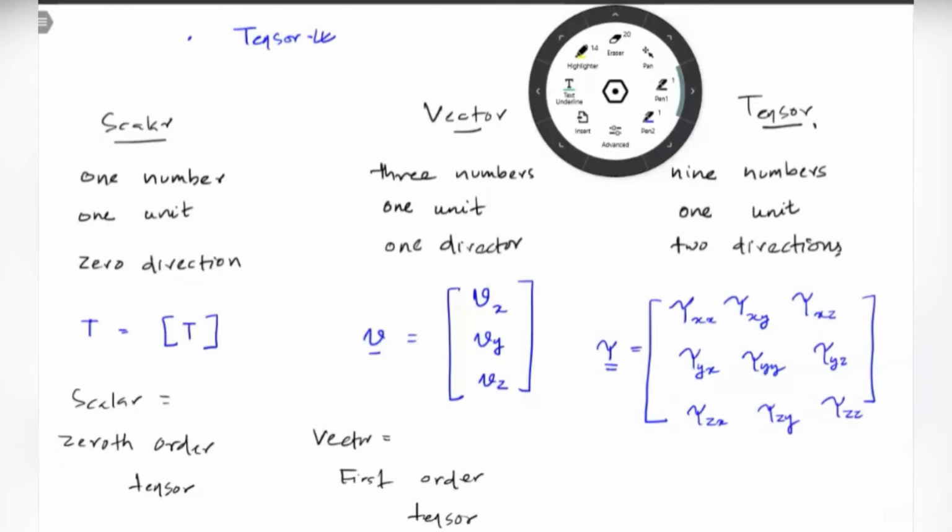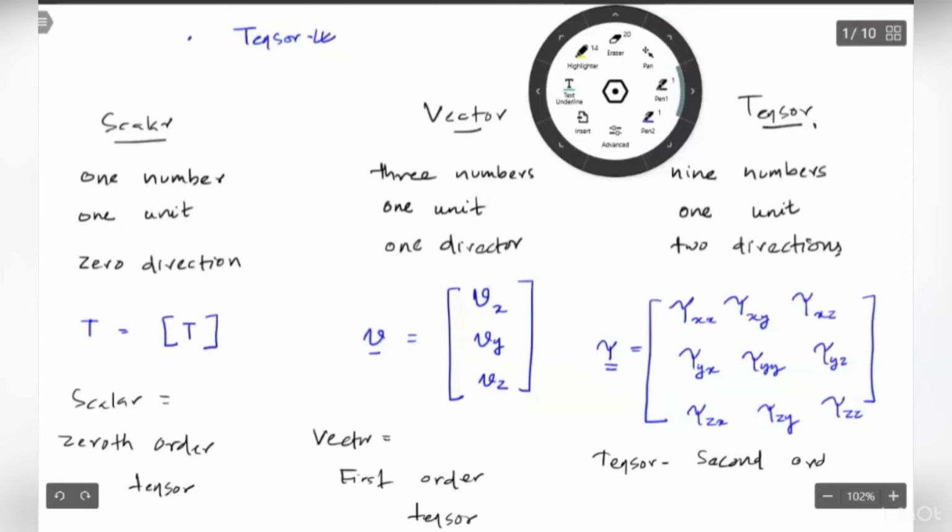The tensor is also called a second order tensor. See, the 0 is coming from how many directions? The 1 is coming from how many directions? The 2 is coming from how many directions?